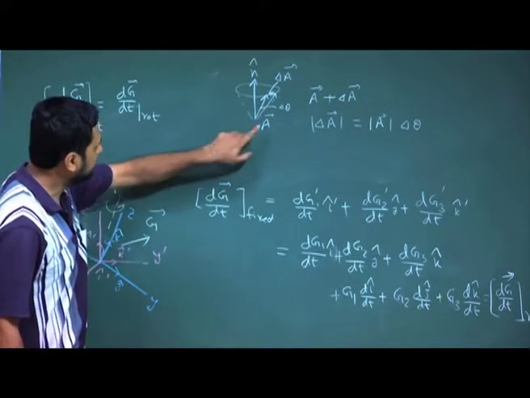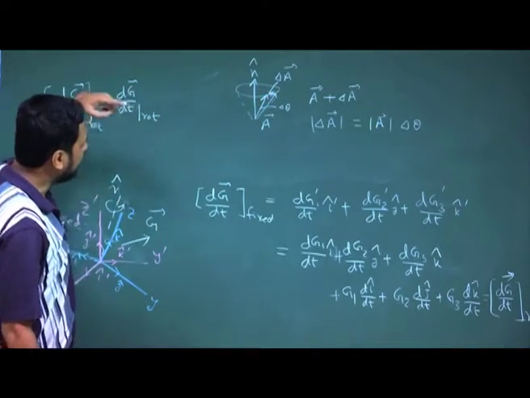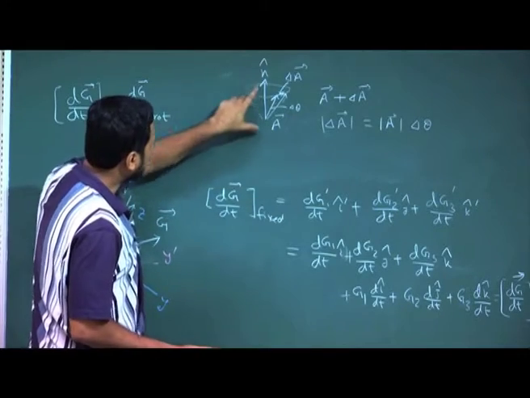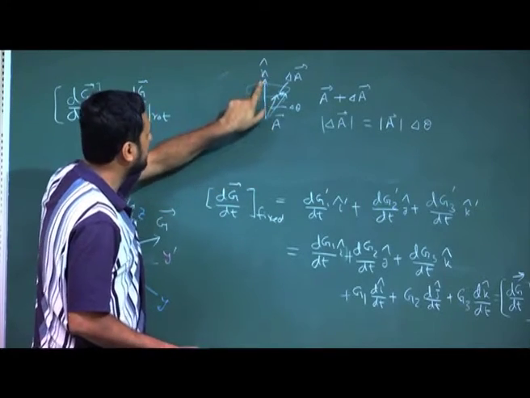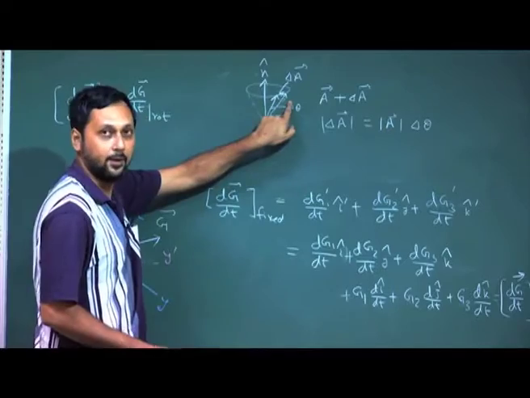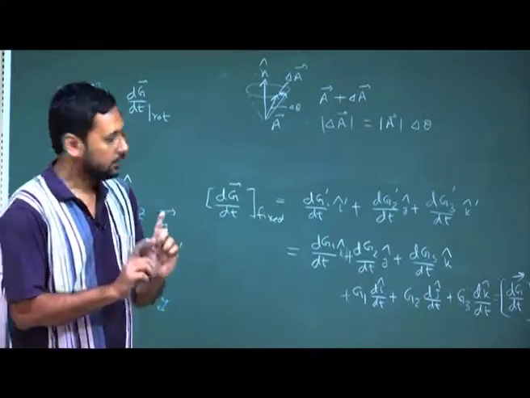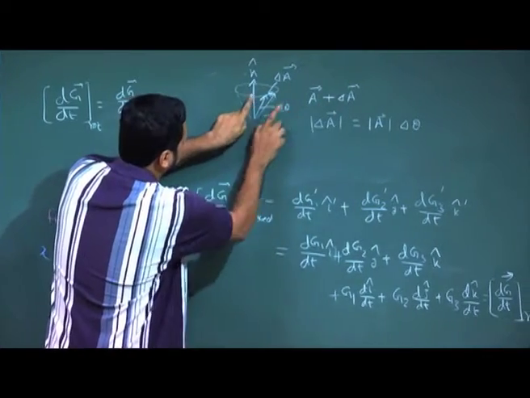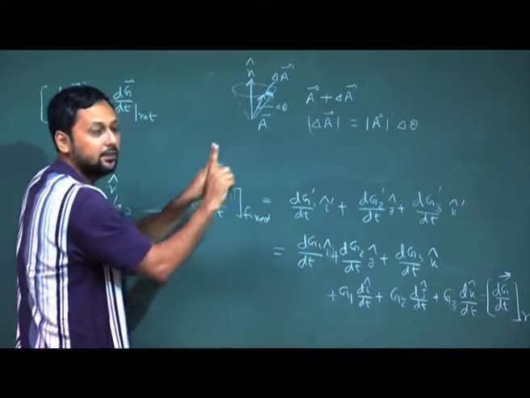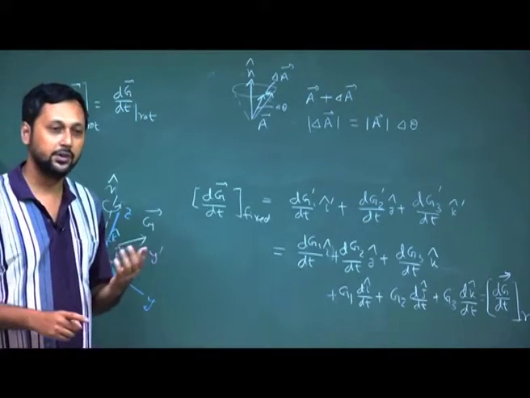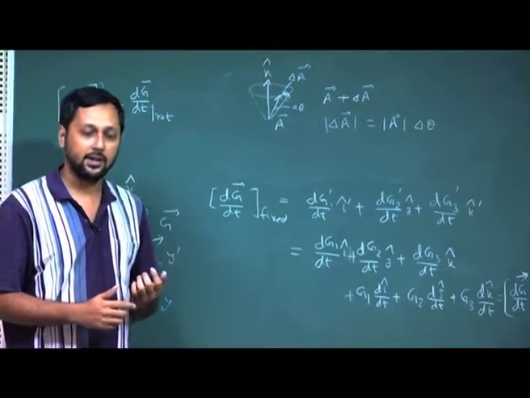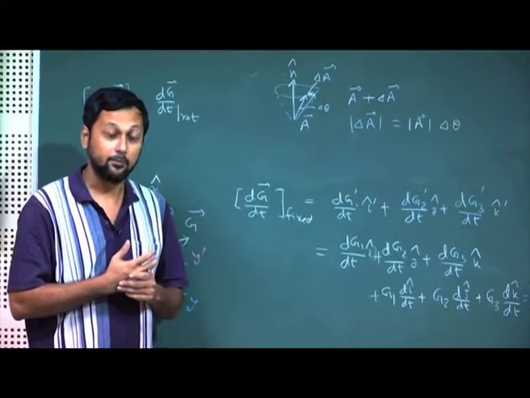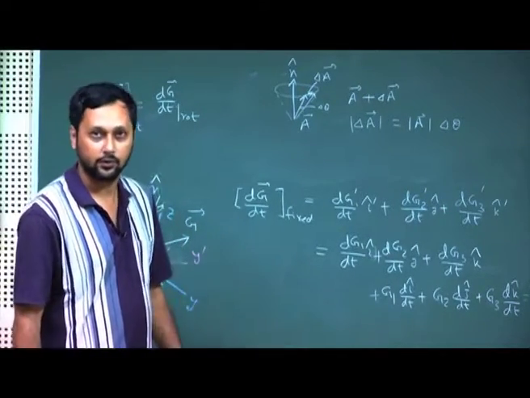And what is the direction of delta A? In the limiting case, try to realize this, it is a direction which is perpendicular to both n cap and A, right. Because in the limiting case, A and A plus delta A are almost coinciding. It is similar to the construction we did when determining the time derivatives of theta cap and r cap in the plane polar coordinate system.